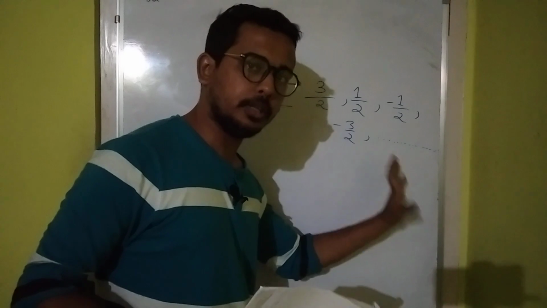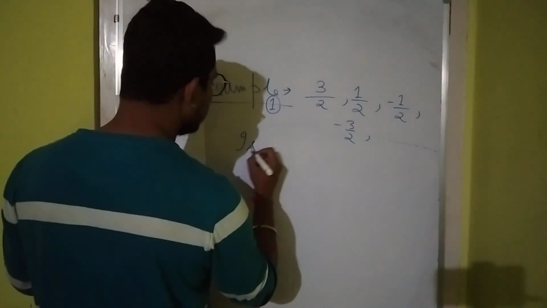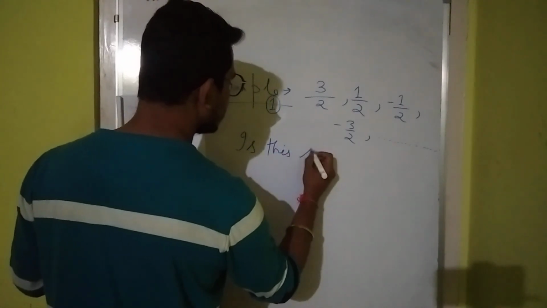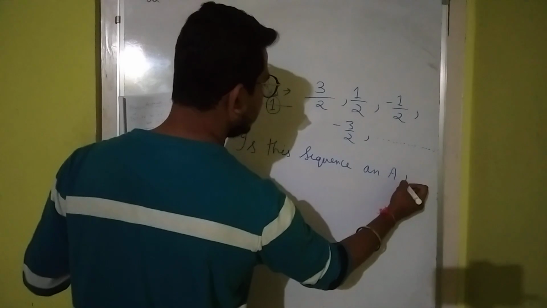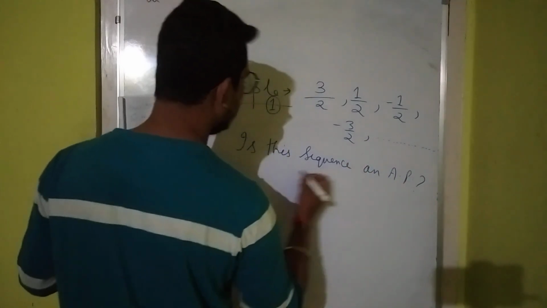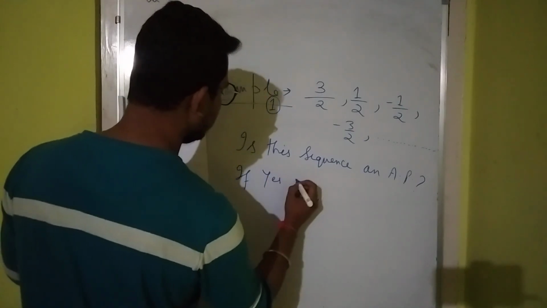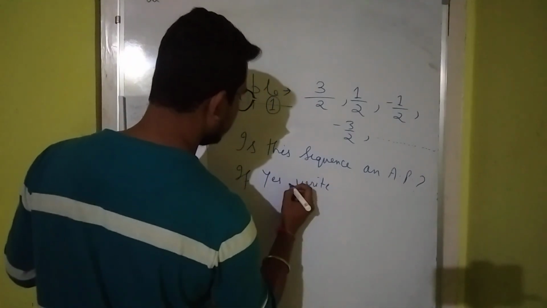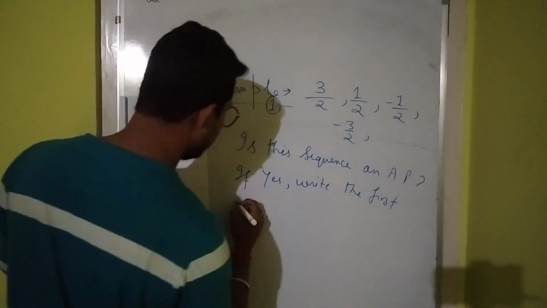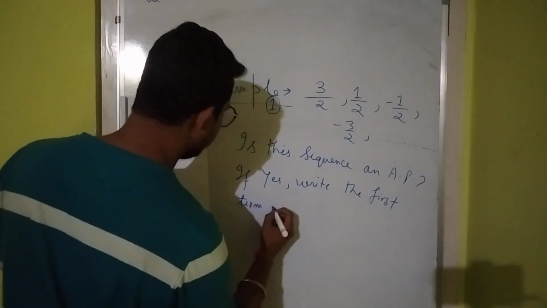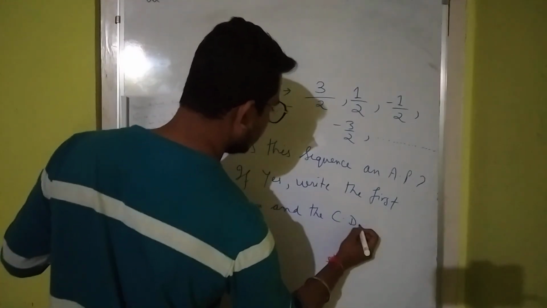Okay, this dot means that. So is this sequence an AP? If yes, write the first term and the common difference.